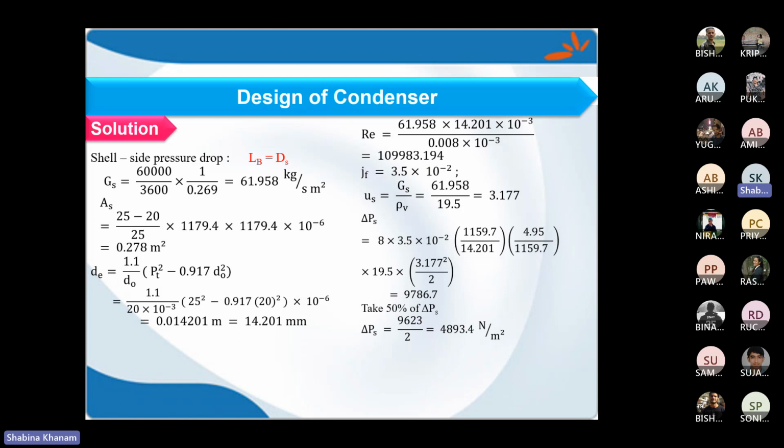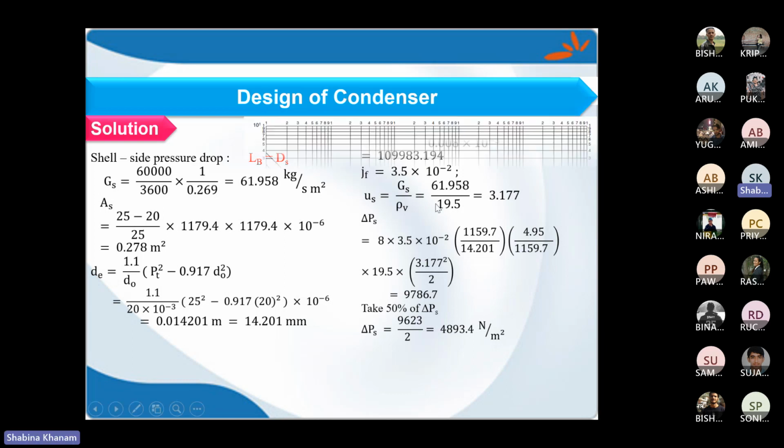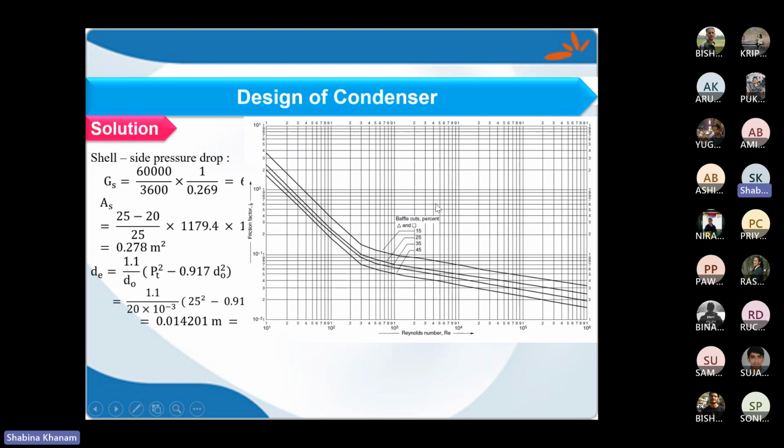So we will consider the vapor properties, and this Reynolds number you can find as 1.099, or 1.1 times 10^5. Considering this, you can find out JF from here.